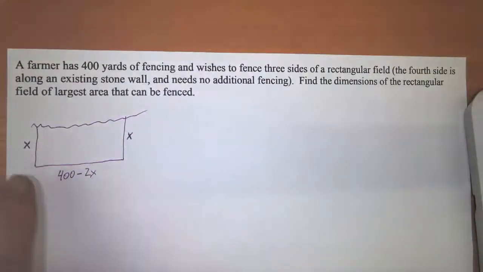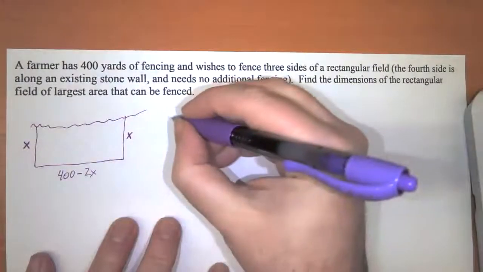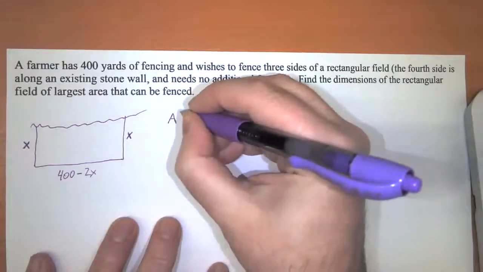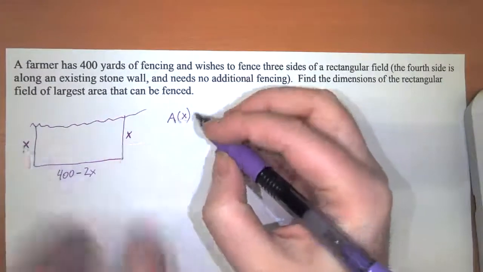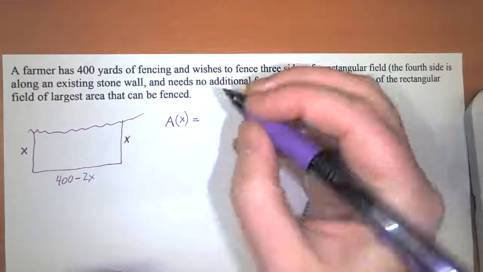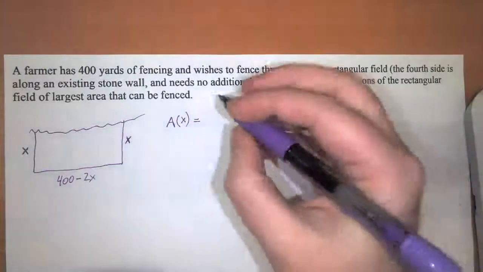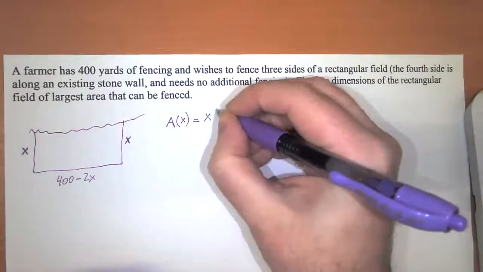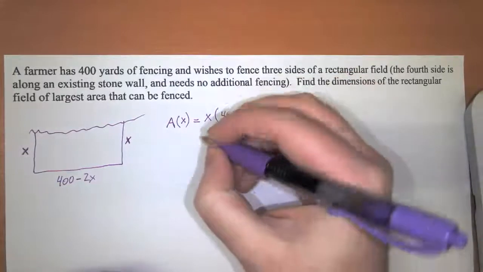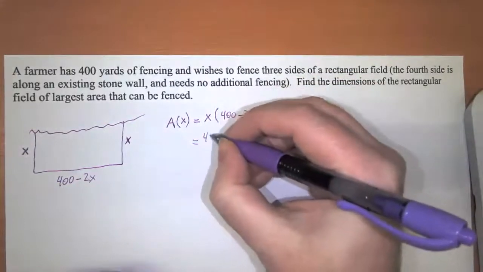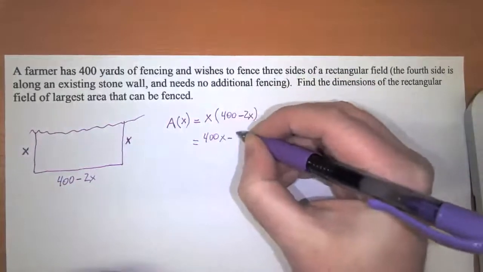Now that we've built this wall out of these 3 pieces of fencing, how do we calculate the area of the field? Well, this is a rectangle, so the area, which is a function of x, depends on what value of x we chose here, and is equal to the length times the width of the rectangle. So that would be x times 400 minus 2x. So we could write that as 400x minus 2x squared.